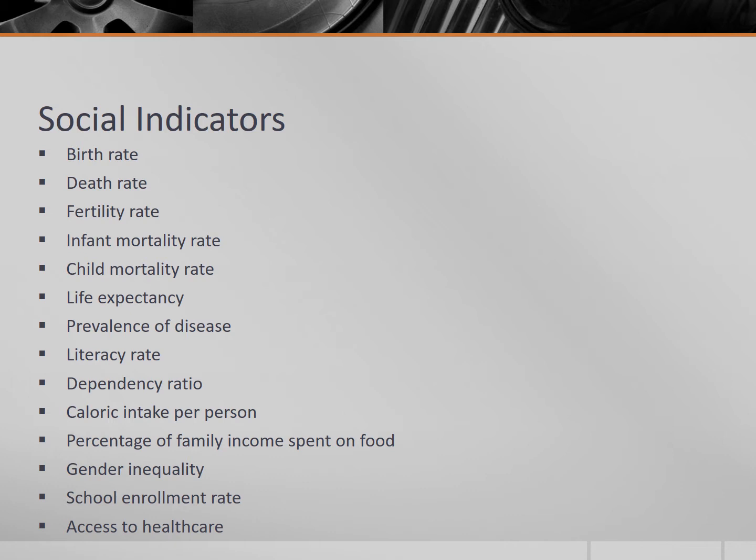Dependency ratios are also good indicators of development, but we have to review the different types of dependency ratios. Countries that have a high elderly dependency ratio will generally have high GNI per capita, but they'll be spending a lot of that money. They'll be spending a lot of government investments, individual investments in things like elderly health care, geriatric care, elderly housing, and retirement welfare.